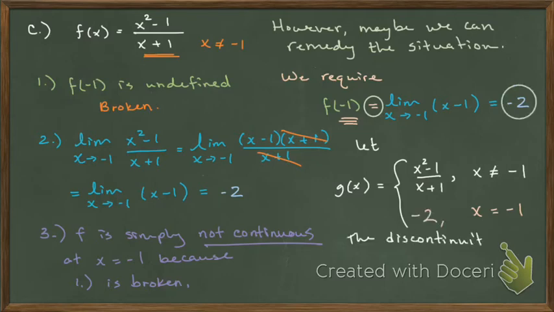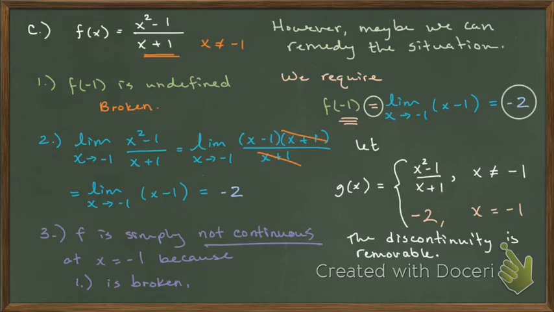This discontinuity is removable because we can define a new function in such a way that is exactly the same as the old function. However, when I plug in where things were going bad at -1, I can rewrite the function in a way that I have the same limit as I do function value where the discontinuity was.